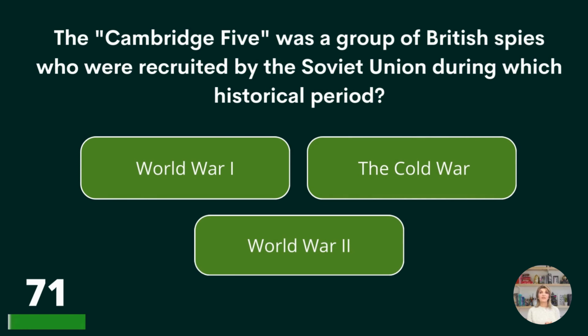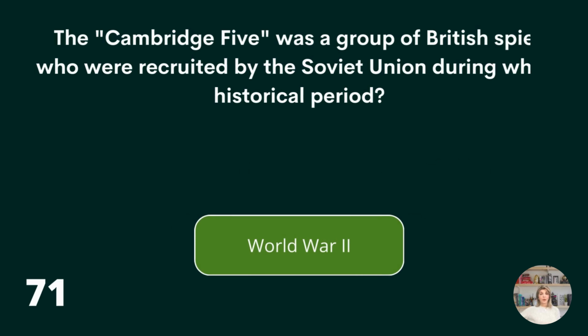The Cambridge Five was a group of British spies who were recruited by the Soviet Union during which historical period? World War I, the Cold War, or World War II? World War II.